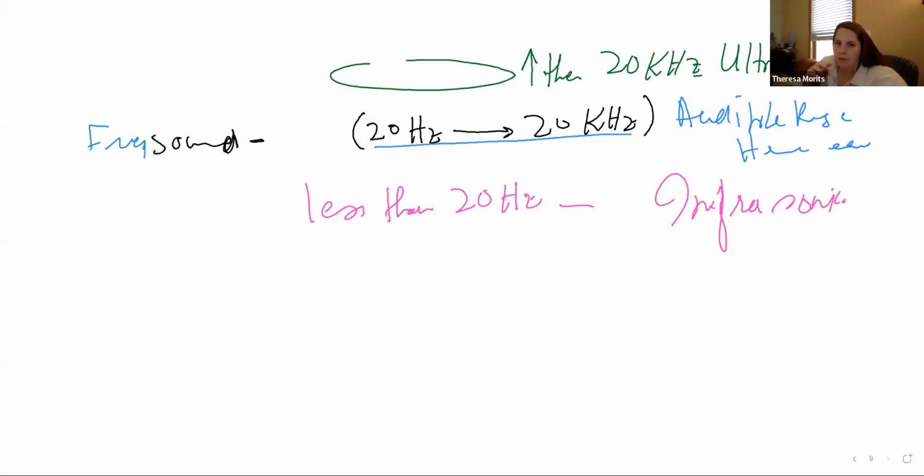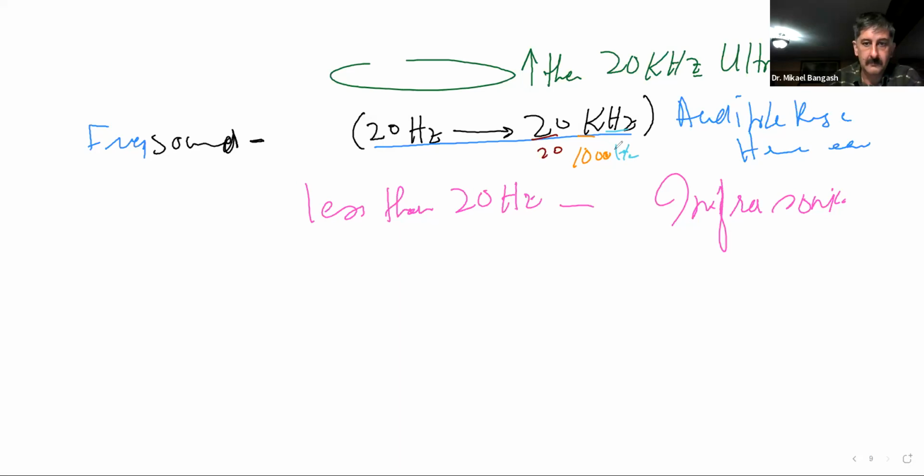The audible range to the human ear: the minimum is 20, the maximum is 20 kilohertz, or 20,000 hertz, right? This 20 kilohertz, the 20 is still 20. The K is 1,000, and the hertz is still hertz. So 20,000 hertz.